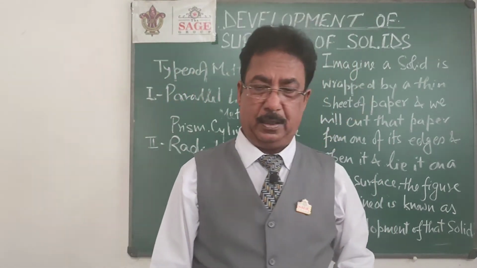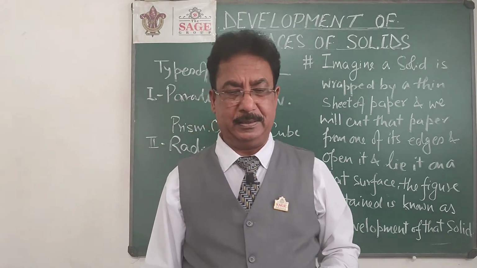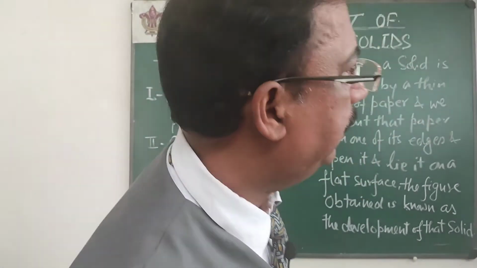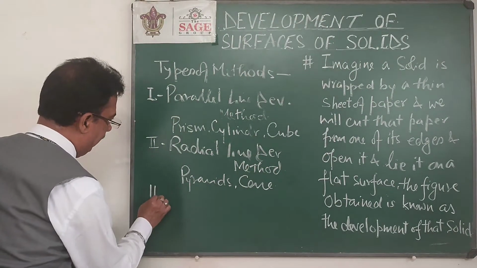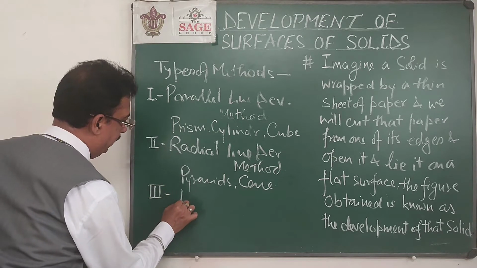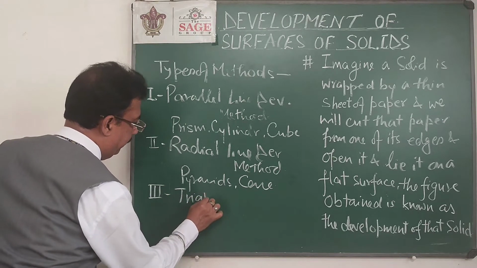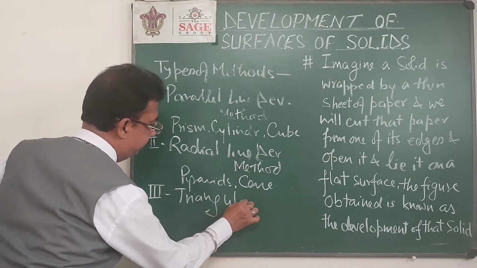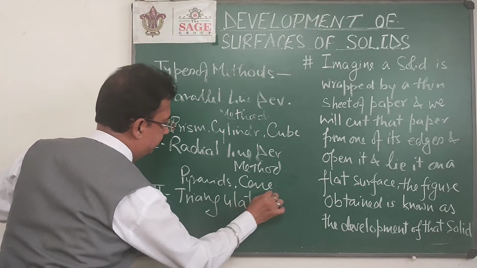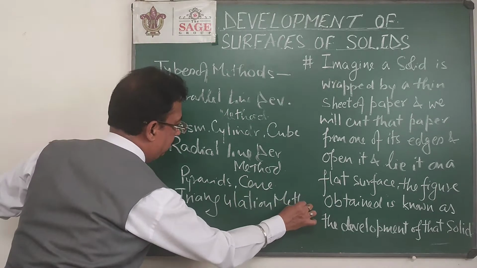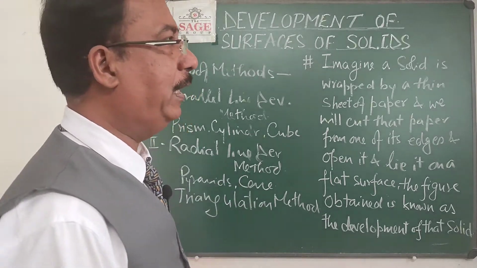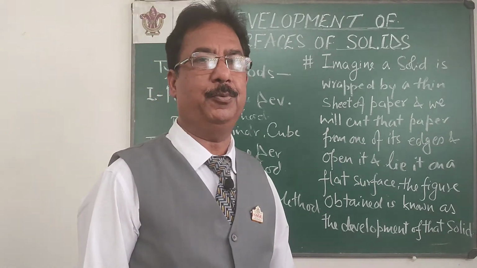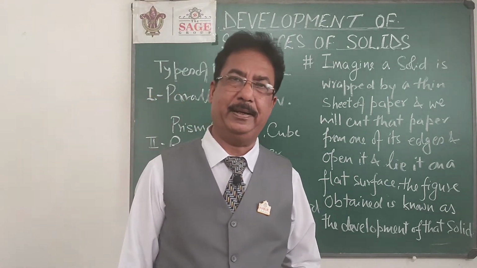In the same way other solids like the tetrahedron can be developed. These are the 2 basic methods which we are going to use, for exact development of solids. Another method is known as the triangulation method. That is used for transition pieces, but in our engineering graphics we mostly deal with right and regular solids.